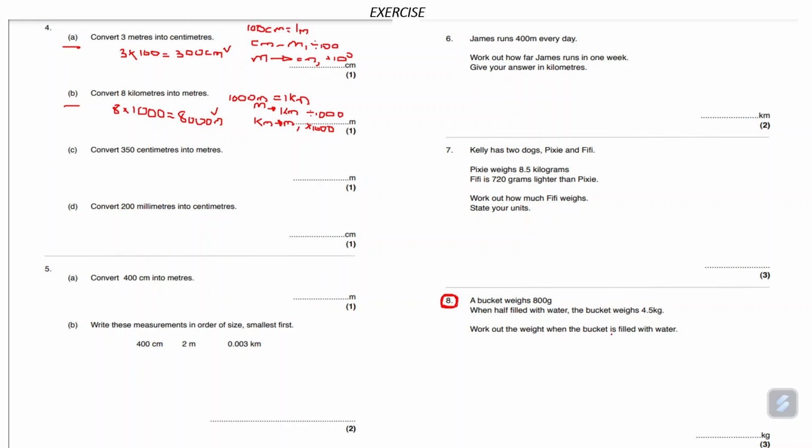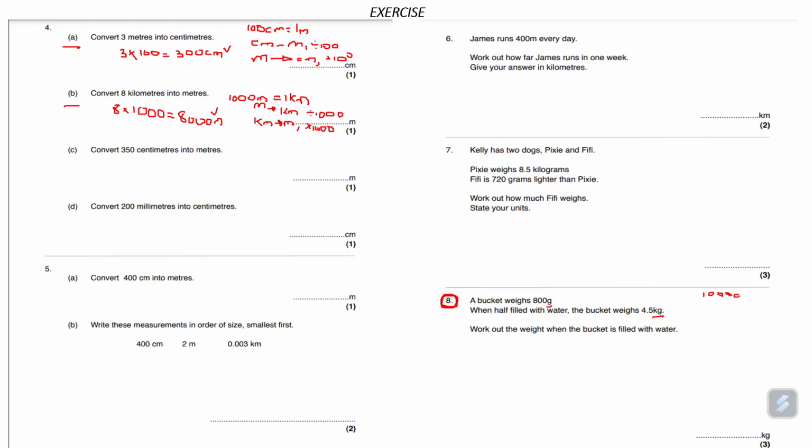Work out the weight when the bucket is filled with water. So you can see the units of measurement are not the same. So what we need to do first is put them all in the same unit of measurement.